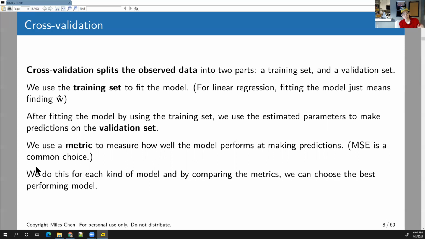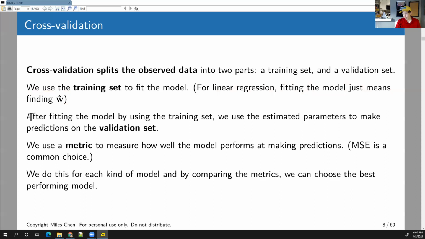As far as linear regression goes, fitting the model just means finding the parameters, like your intercept and your slope or whatever other coefficients you have, the coefficients in your vector W hat. In other cases there may be more terms to estimate, but that's what you use the training set for.